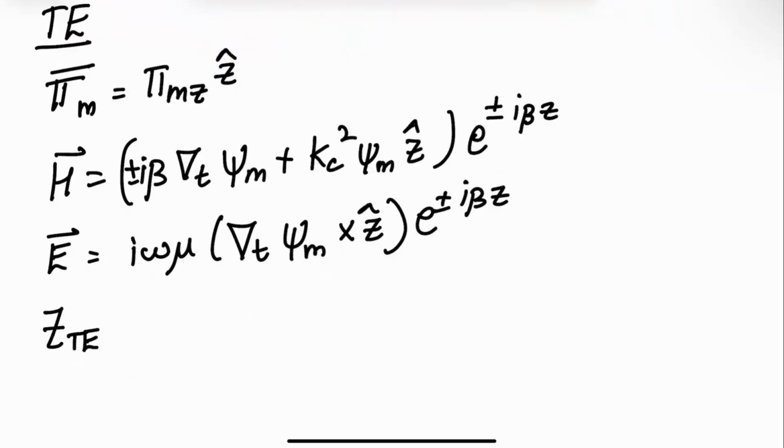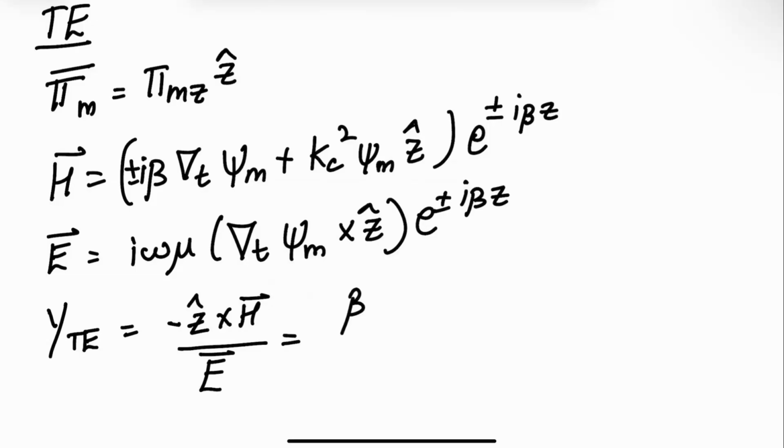Similarly, ZTE, or I should say actually YTE, which is the admittance of the TE mode, is defined as minus z hat cross H transverse, or H, because the part along z hat gets removed by the cross product, divided by E, equal to beta over omega mu.